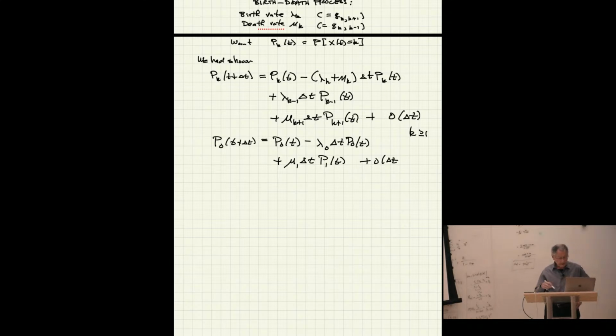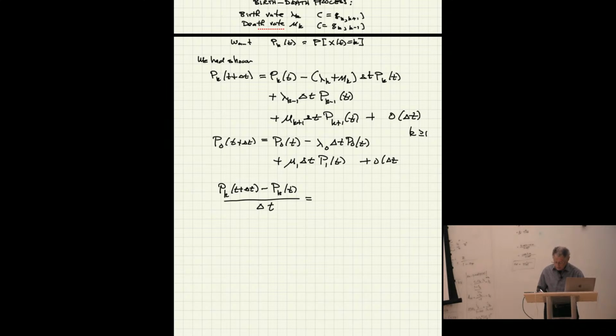Okay, now let's solve this. As usual, we have now an expression. Let's solve each of those basically for what's going to be a differential. So up here we're going to take this term, subtract itself out, and divide the whole thing by delta t. Namely, I'm going to take p sub k of t plus delta t minus the value an instant ago, p sub k of t, and I'll divide ahead of time by delta t. The whole thing will be divided.